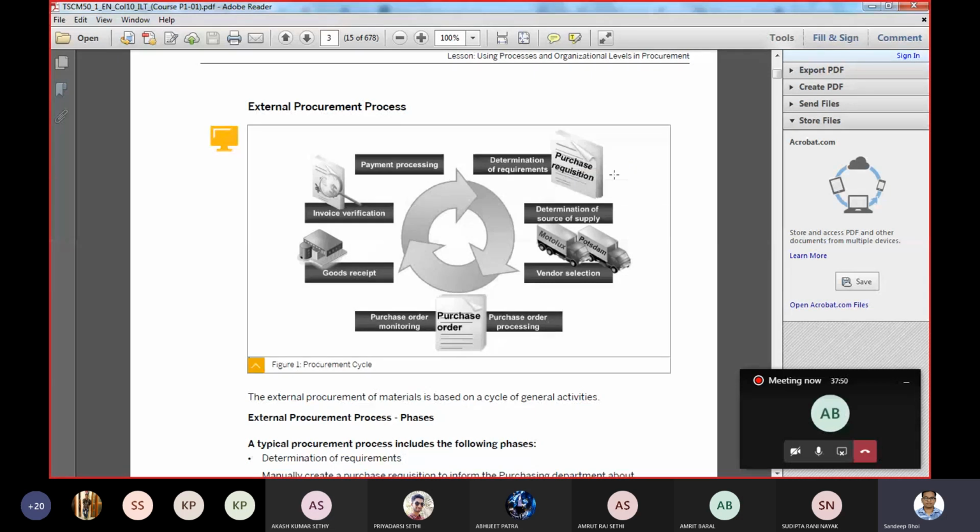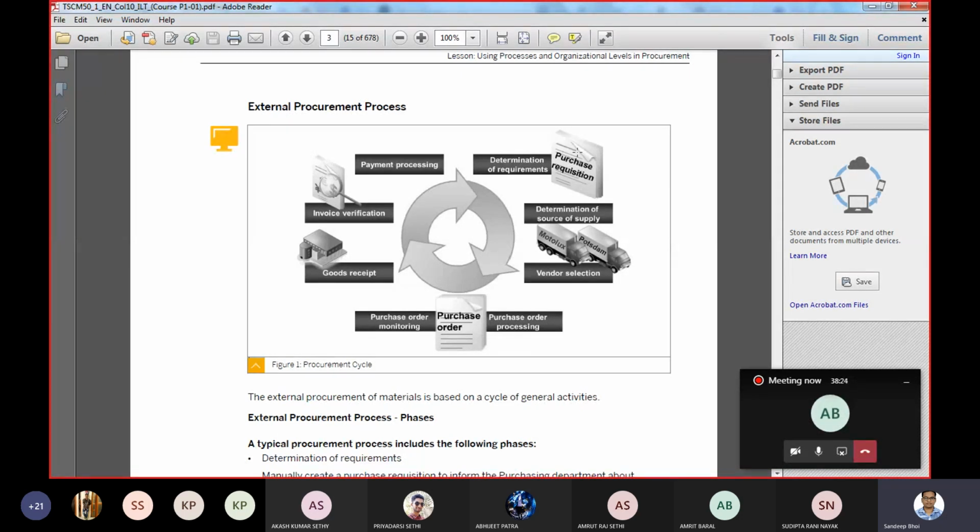In future, you can also predict what our requirement will be in the next month, how much quantity we require for production, or we can store some extra material so that there will be no shortfall. Like that, we can calculate the determination of requirement stage, and we can send those purchase requisitions to the purchasing unit.